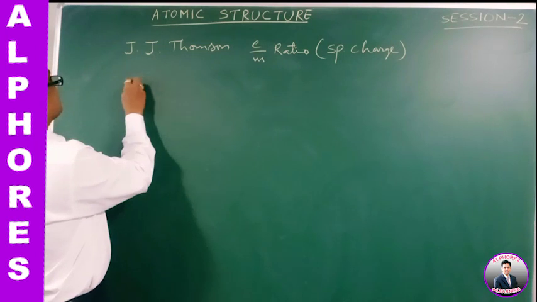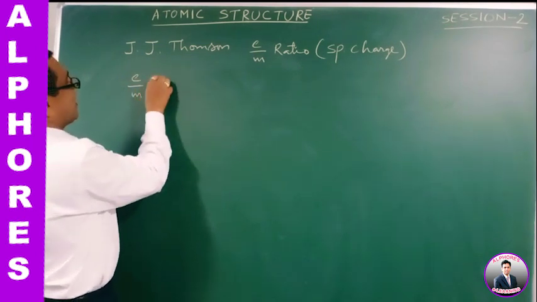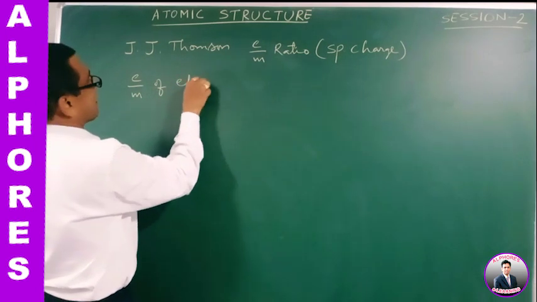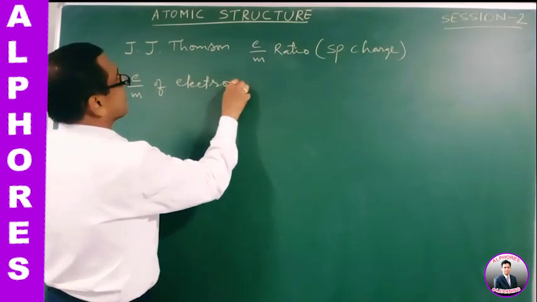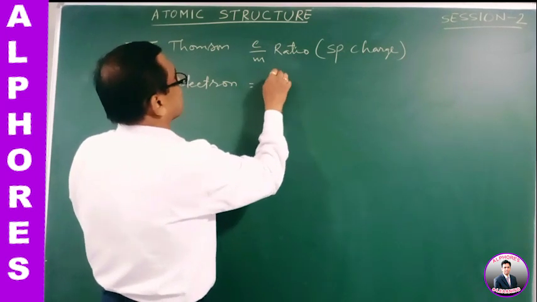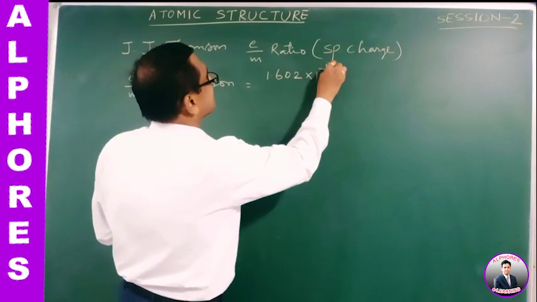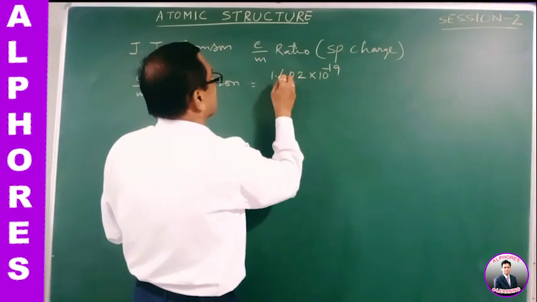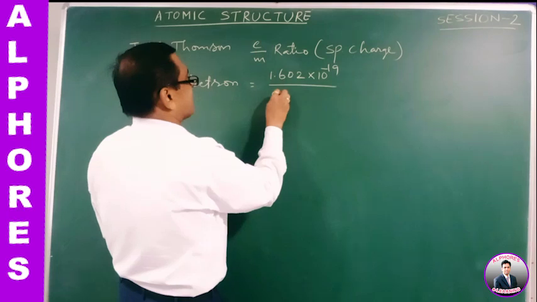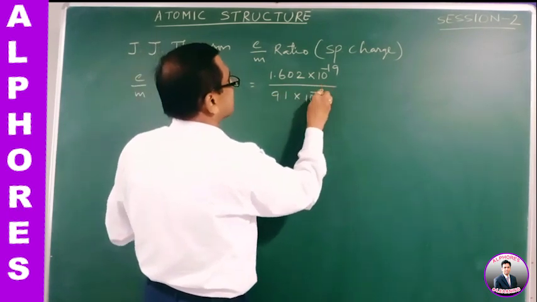So the specific charge, that is the e/m ratio of the electron, is the charge of the electron, 1.602 into 10 to the power minus 19 coulombs, divided by the mass of the electron, 9.1 into 10 to the power minus 31 kg.